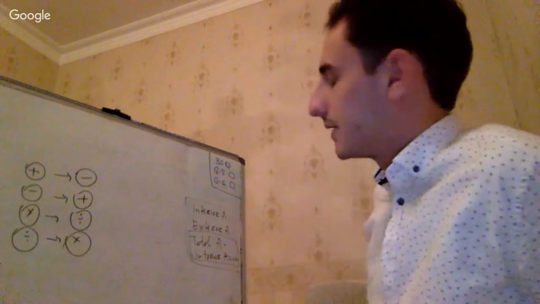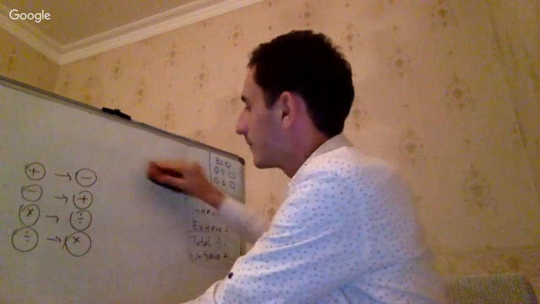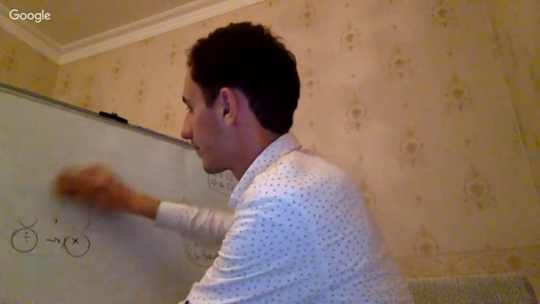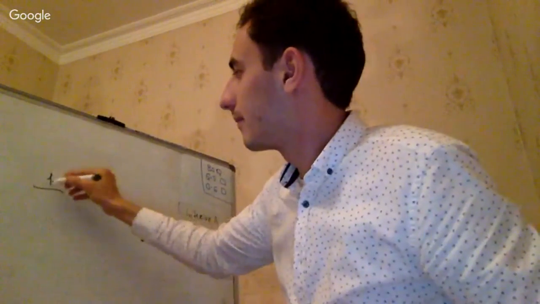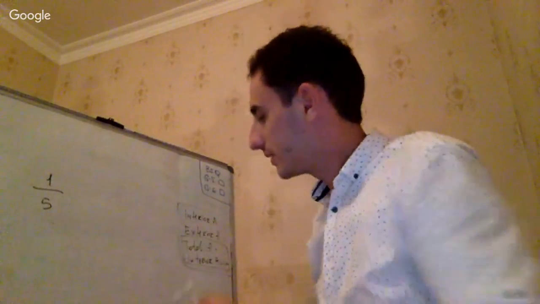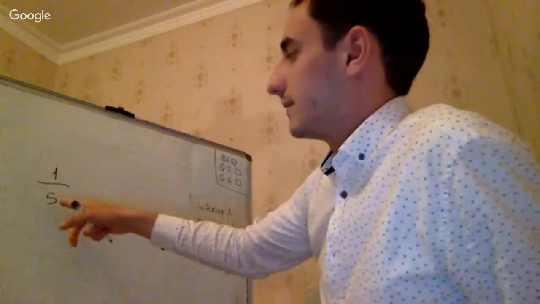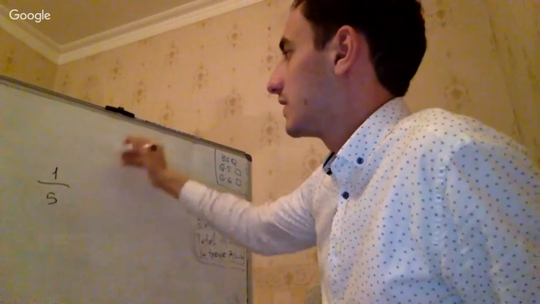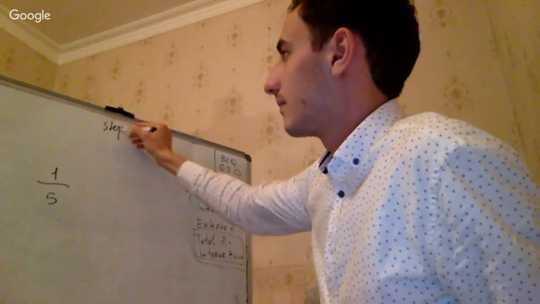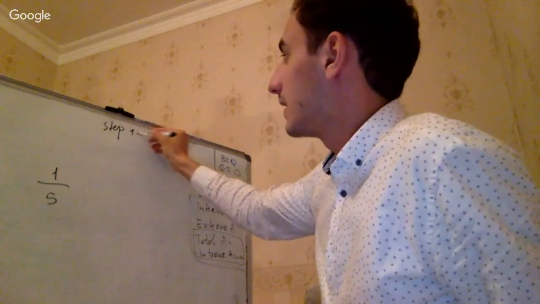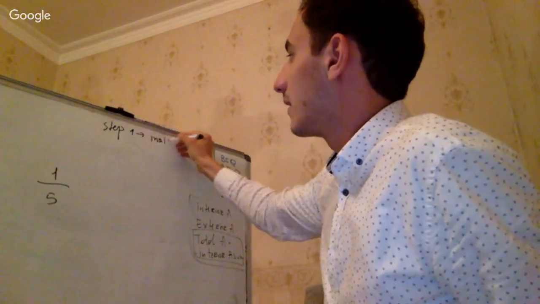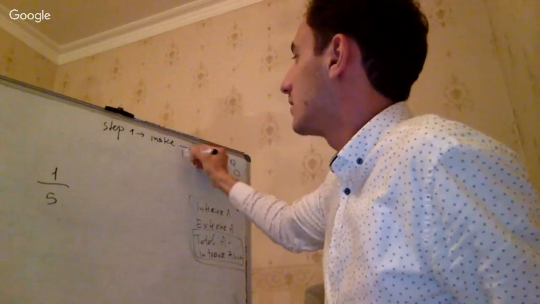Fractions to decimals, Asma? Okay. Look, for example, 1/5. This is my fraction. I want to convert this fraction into a decimal. For doing this, the first step is to make the denominator 100.